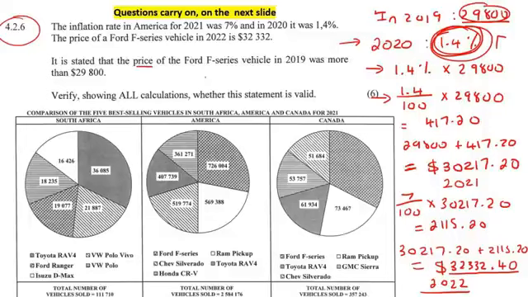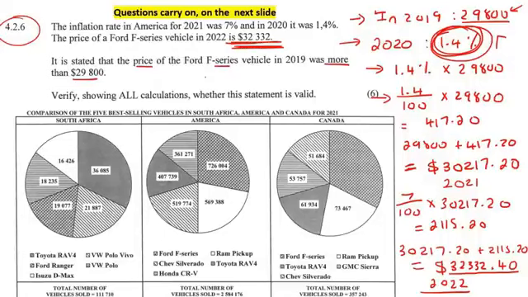it is stated that the price of the Ford was more than 29,800 in 2019. Well, no, that is not true, because what we did in our calculation is we pretended that the price is 29,800. We didn't say it's more, we said it is 29,800. And when we did our calculations, we got to exactly that amount over there.